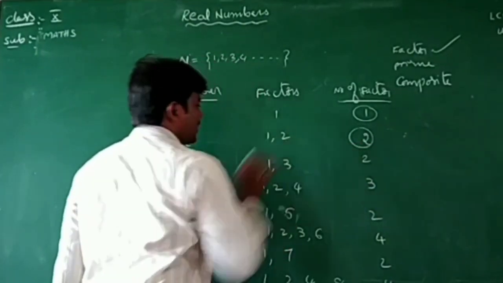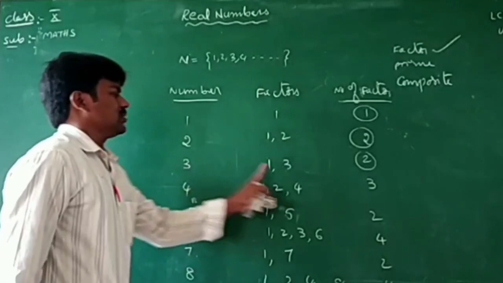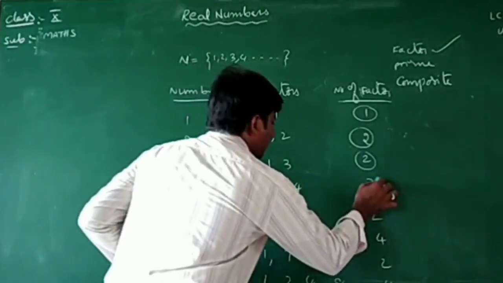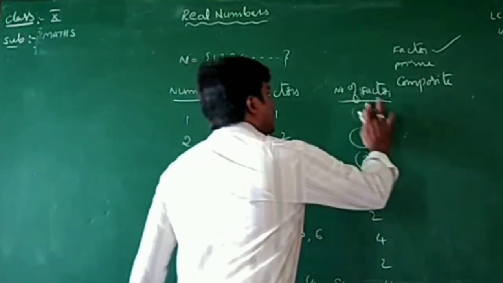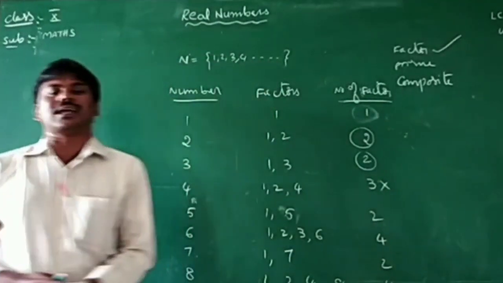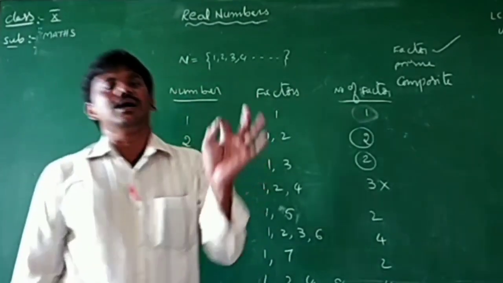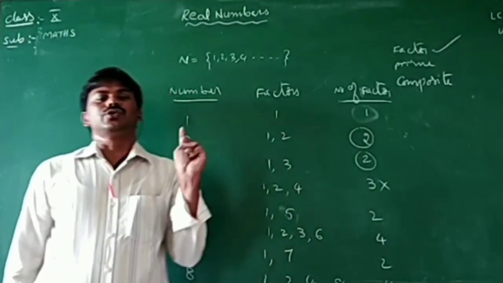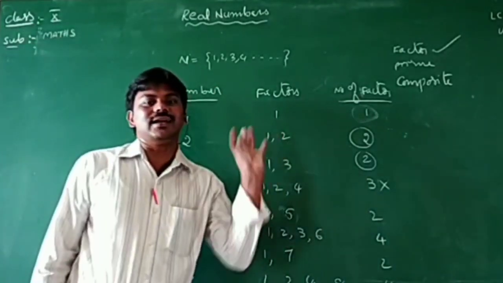What are those? 1 and itself. And here? 2. What are those? 1 and itself. How many factors are there? 3 factors. So if a number has 3 factors, it is not a prime number. To be a prime number, it must have exactly two distinct factors, that is 1 and itself.